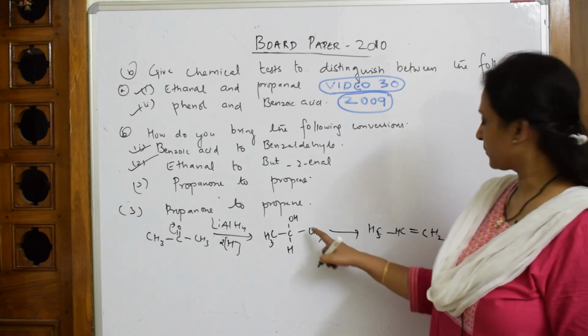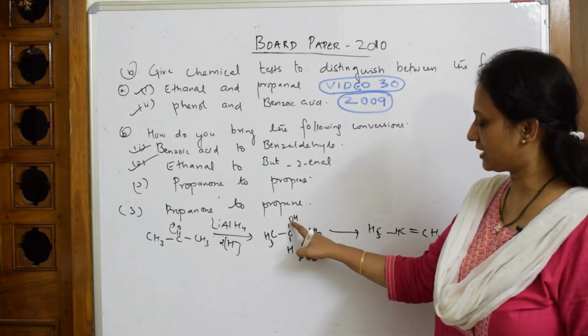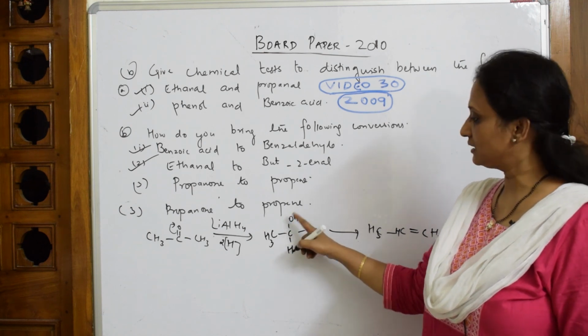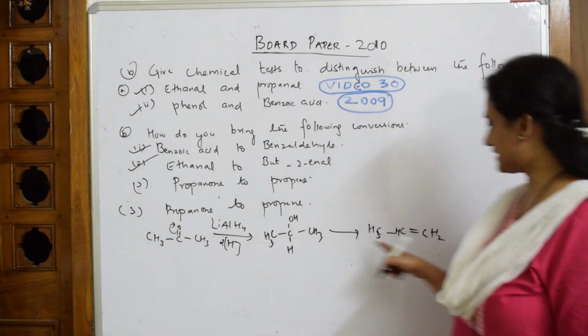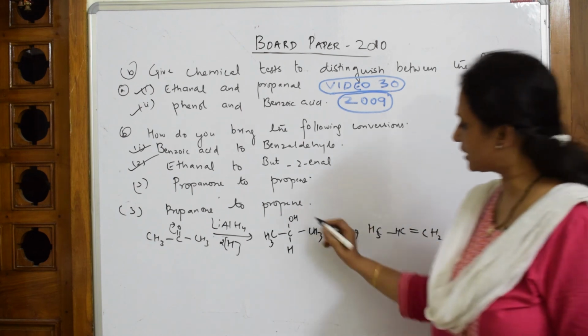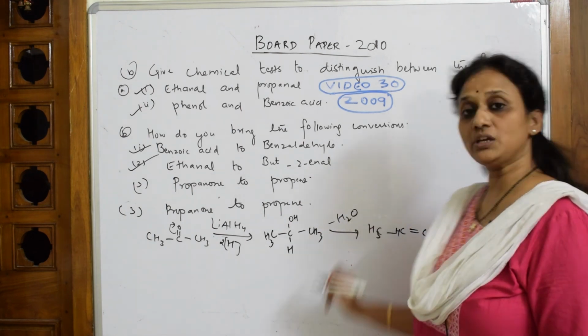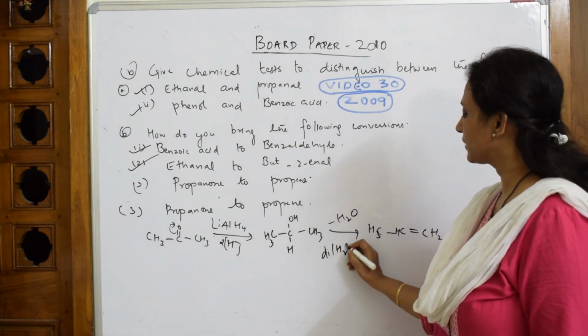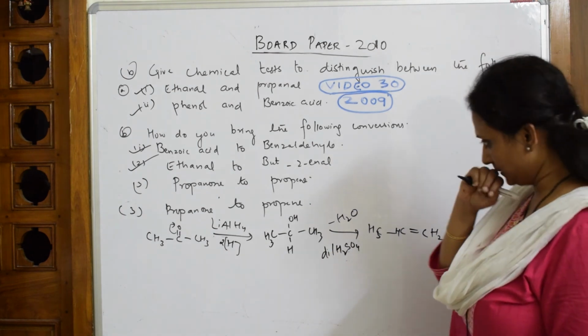Now compare. Still I am not done with this alkane. Now what is extra? If I take out water from this, I can easily get a double bond. To take out water, what are we going to do? You can use a dehydrating agent, that is dilute sulfuric acid. So what happens here?